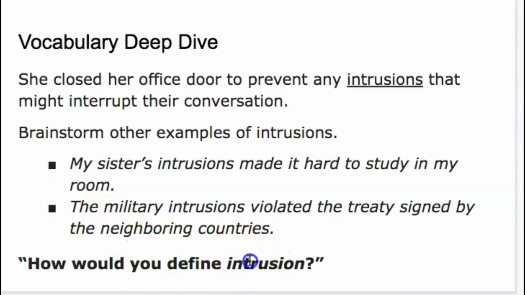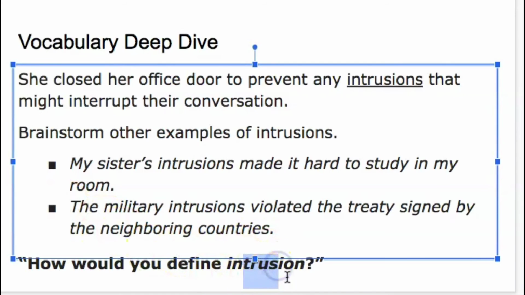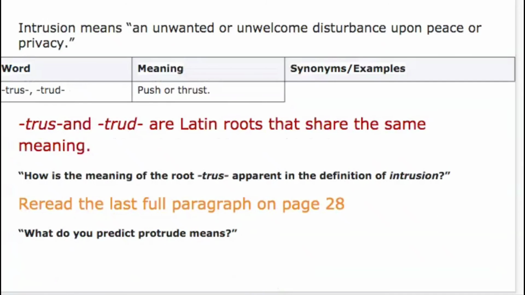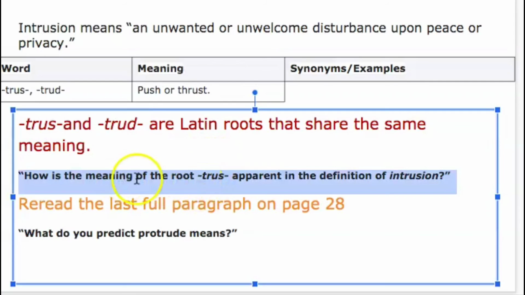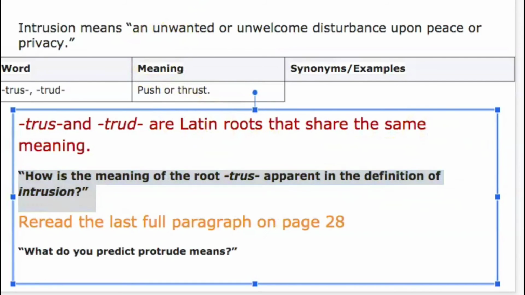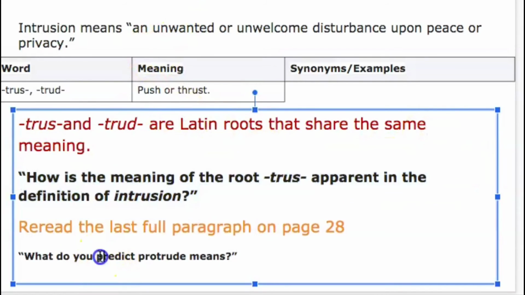Inside this word, you'll see trude, or this, trude. Trude, or trudge, means to push or thrust. Now, how does the root of the word intrusion, trude, help us understand the definition of the word intrusion?